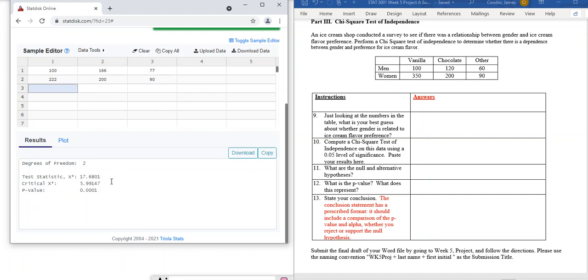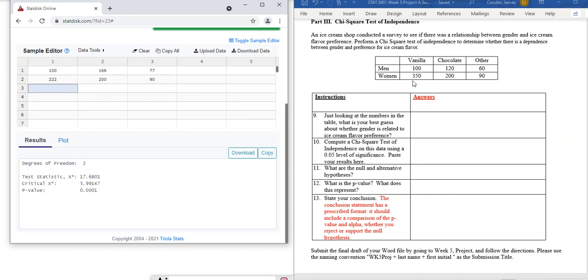You don't have to really worry that much about it. We didn't get into a lot of talk of degrees of freedom in this course, but basically they're saying that if you take this table is a 2 by 3, and if I subtract 1 off the row and 1 off the columns, I end up with 2 degrees of freedom, or cells that could vary.